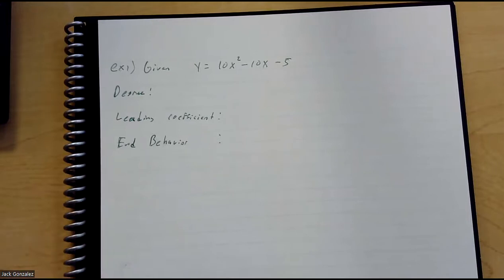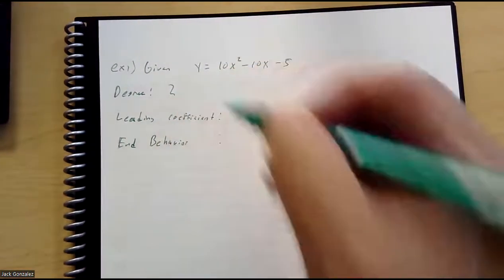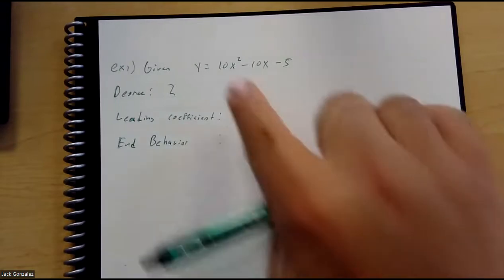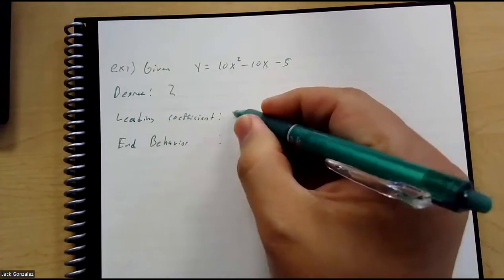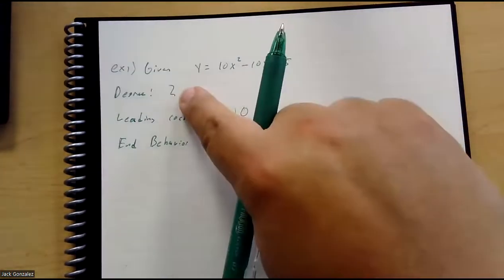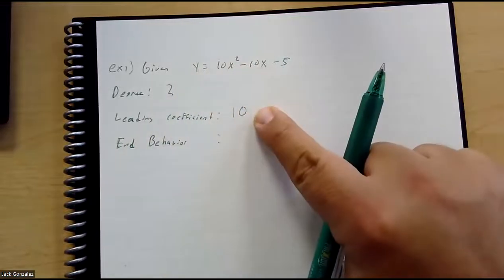Okay, so highest power is 2, so degree is 2. What coefficient is on the highest degree? It's right there, 10. Since the degree is even and the 10 is positive, what is the end behavior?